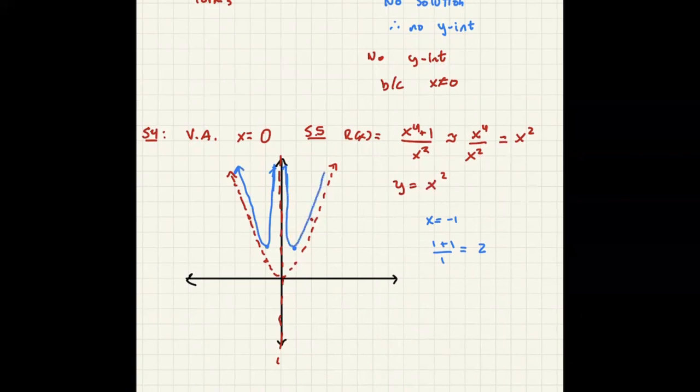And if you don't believe me, you can try x equals +1. That's going to be 1 to the power 4, which is 1, plus 1 over 1 squared, which is 2. All right. So this here is 1, 2, and -1, 2. And that's what our graph is going to look like.